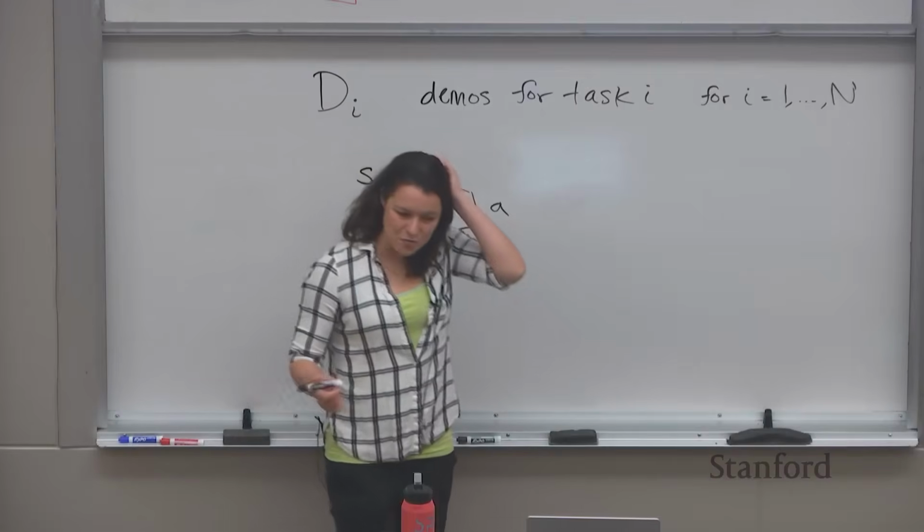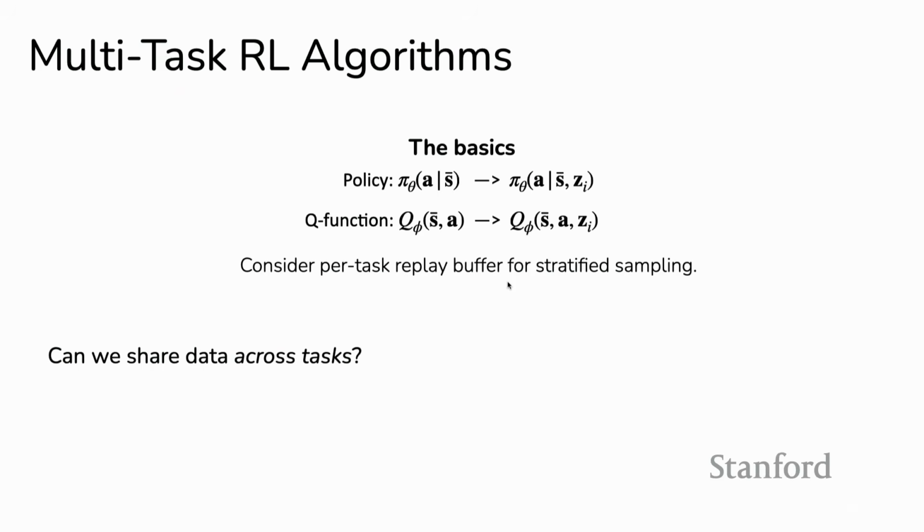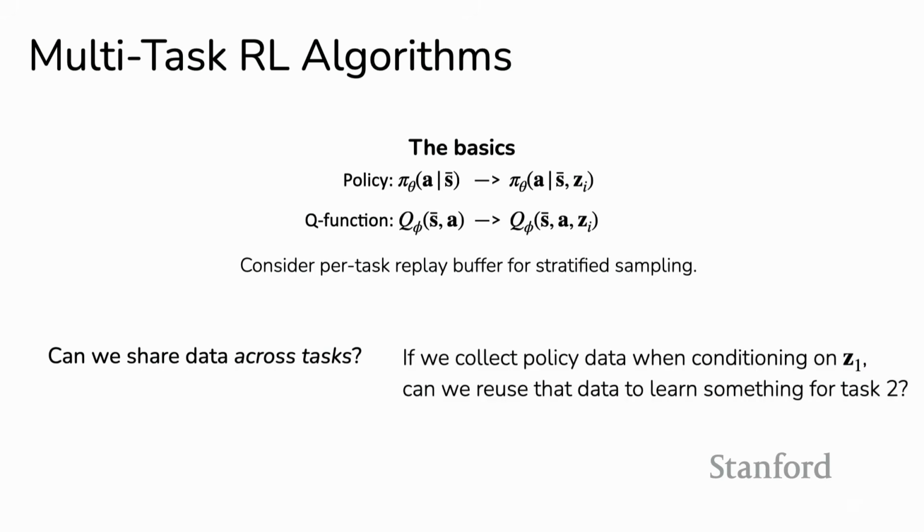And if we have a per task replay buffer, one for each task, then we're not going to be updating the policy for other tasks using that data. We could think about scenarios where we might be able to reuse data from one task to more explicitly help the model or the policy learn something about another task.